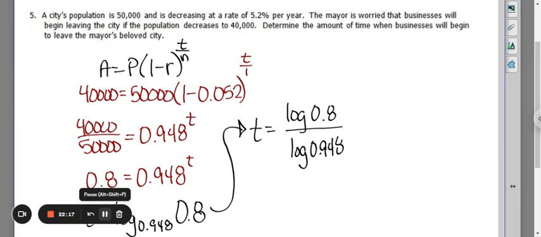So we get approximately 4.18 years. So not very long.